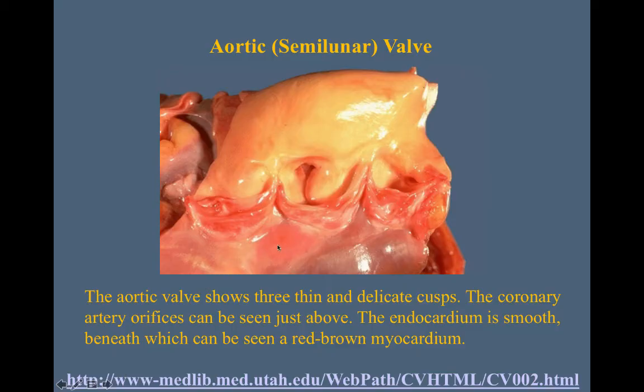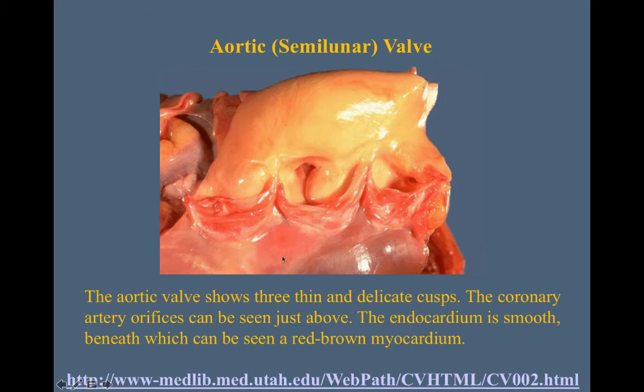Here, if we take a look at the aortic valve, you can see these three thin, delicate cusps. This has been cut open and reflected back. And then these coronary artery orifices are the exit points. So the very first place that blood goes is right into a coronary artery to feed the heart itself.